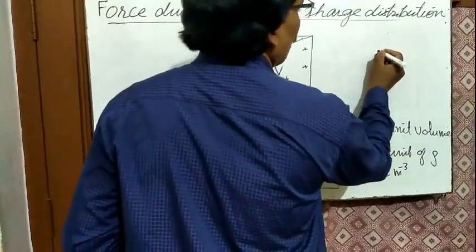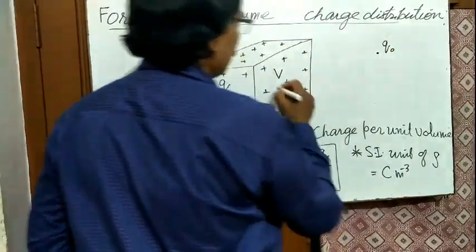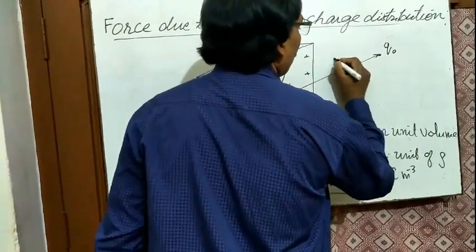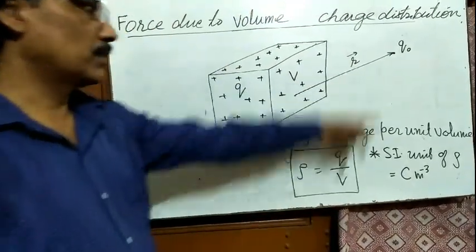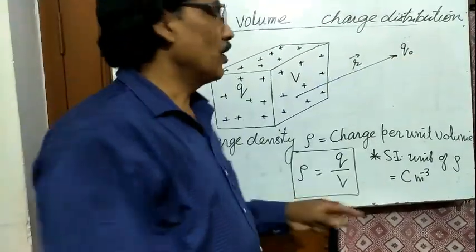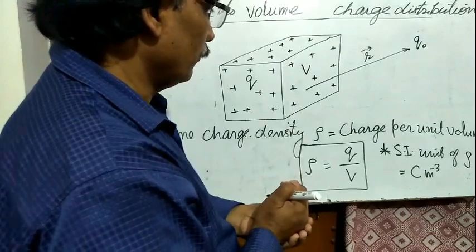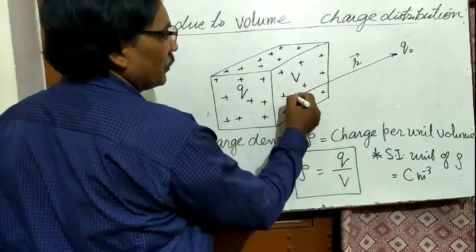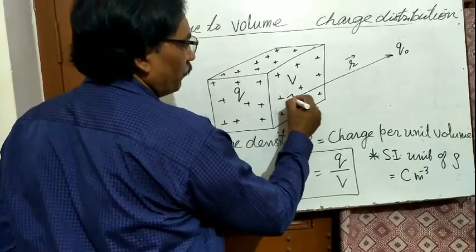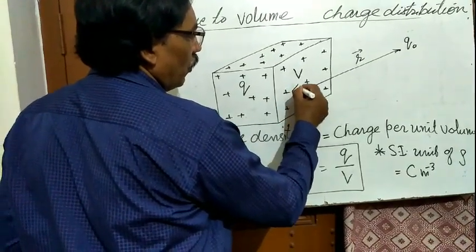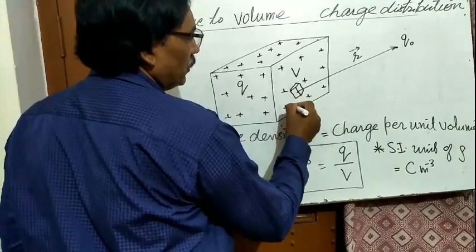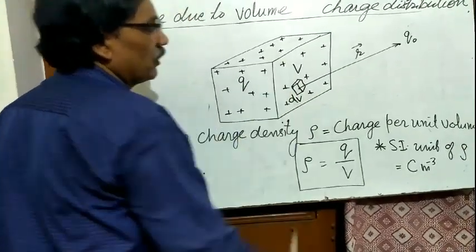Now we will find the force on this charge. Suppose here we have the charge Q naught at distance r from here. What will be the force on this charge Q naught because of the whole charge distribution? For this, we will consider a small volume dV.